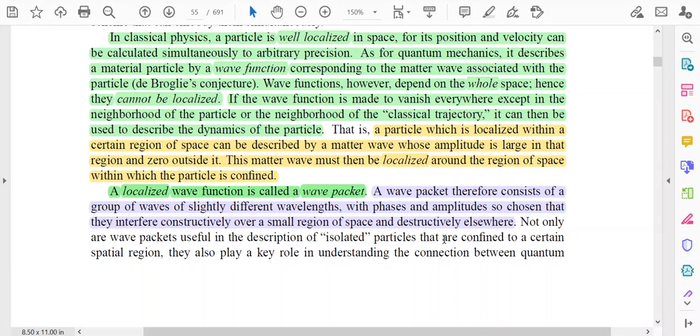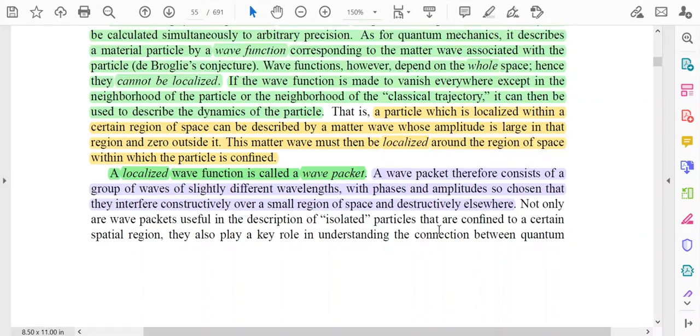Why a small region? Because in that small region, the probability of finding the particle will be high. So they will interfere constructively over a small region of space and destructively elsewhere. Why destructively? Because in those positions we cannot find the particle. So the waves will interfere destructively elsewhere.